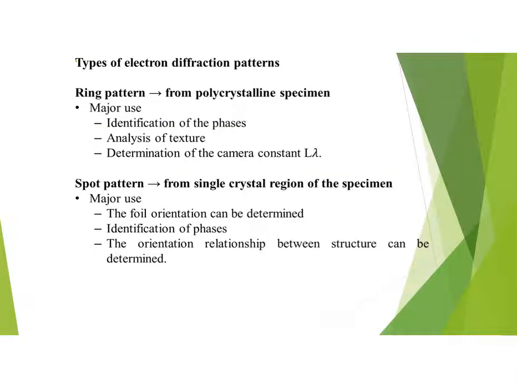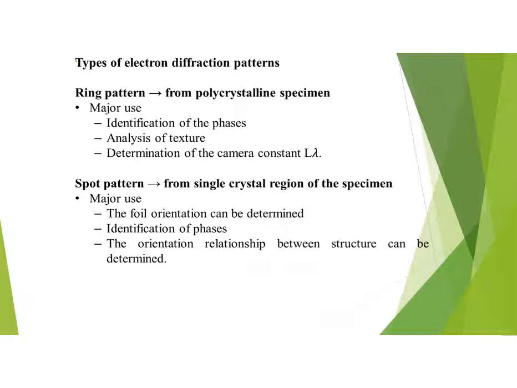Let us discuss the types of electron diffraction pattern on the basis of the geometry of the pattern. There are two types of pattern, a ring pattern and a spot pattern. A ring pattern arises from a polycrystalline specimen. Major uses of this are identification of the phases, analysis of texture, and determination of the camera constant.